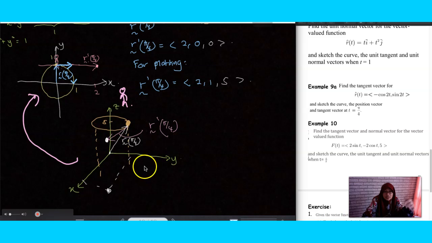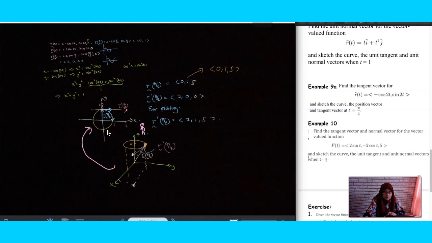So then your correct sketch of the curve should be here. So don't be confused. Actually, the real example given here is just 2D, so it is enough to just stop here. So that is your answer.